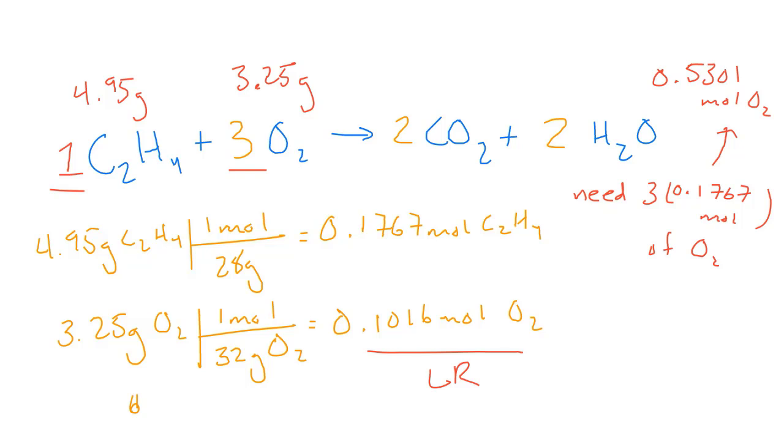So the second part was asking us how many grams of, let me double check, how many grams of CO2 are formed? So what can we do from here? Let's go ahead and convert our moles of oxygen, our limiting reactant, into grams of CO2.